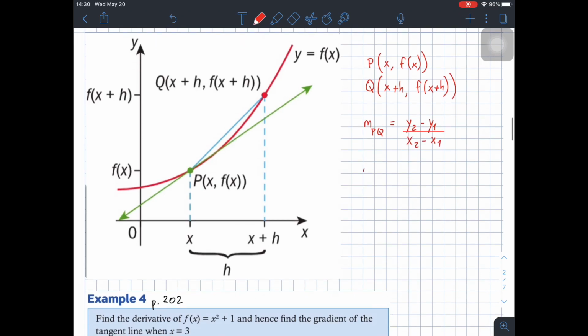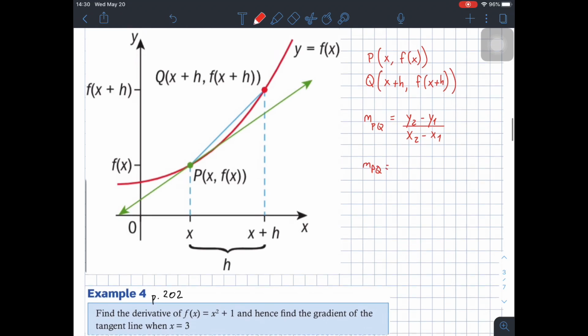So the slope of PQ will be equal to, y2 is this, f of x plus h, minus y1, which is f of x, divided by x2, which is this value over here, x plus h, minus this value over here, which is x.